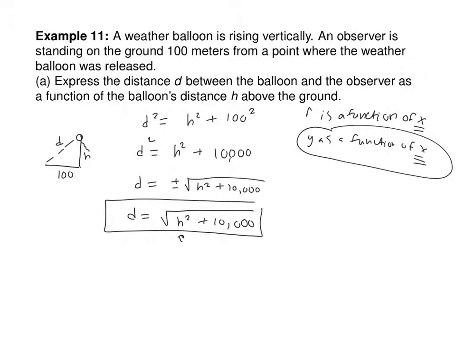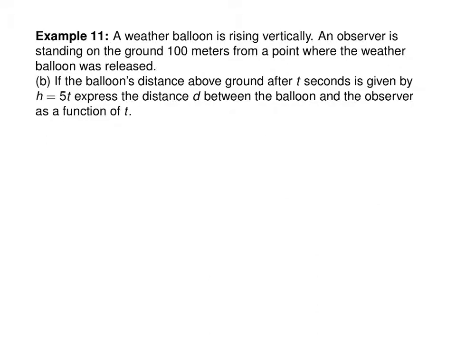Okay, last part of that problem says, if the balloon's distance above the ground after t seconds is given by h equals 5t, express the distance between the balloon and the observer as a function of t. So we know d equals the square root of h squared plus 10,000, right?